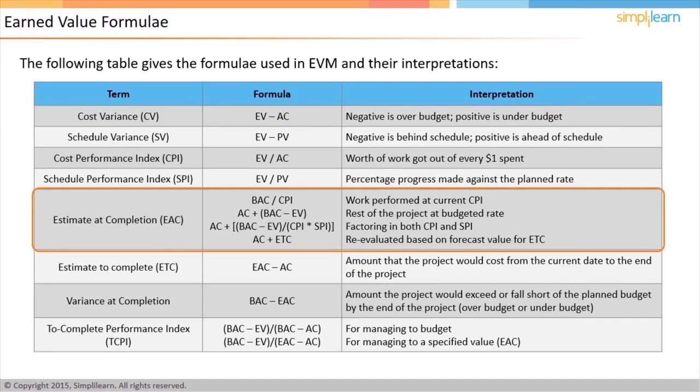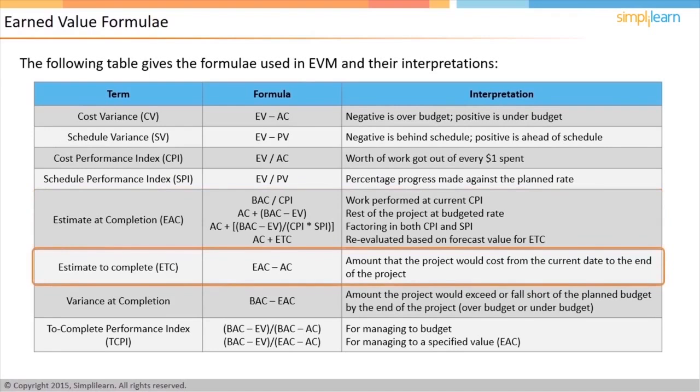AC plus BAC minus EV by the product of CPI and SPI is used if you want to factor in the impact of the cost as well as schedule variances. AC plus ETC is used if you want to re-evaluate the project based on a forecast value for the estimated cost of the remainder of the project.